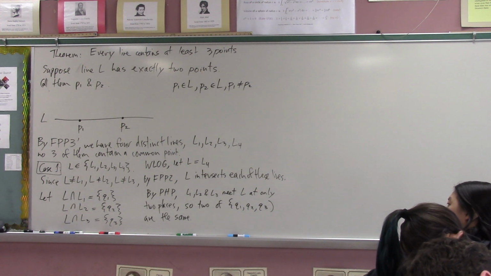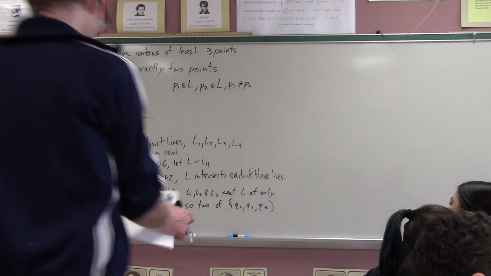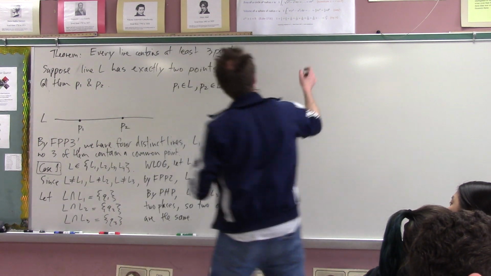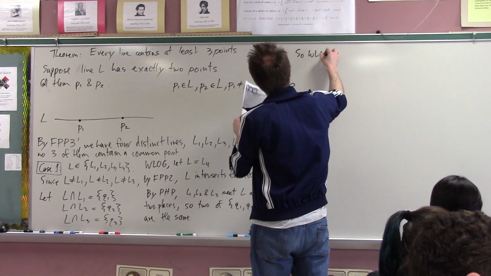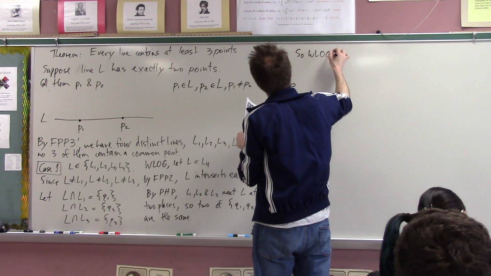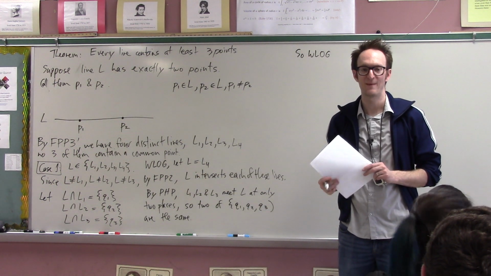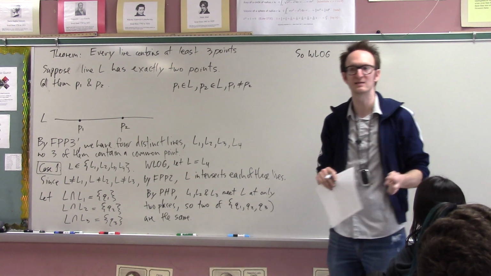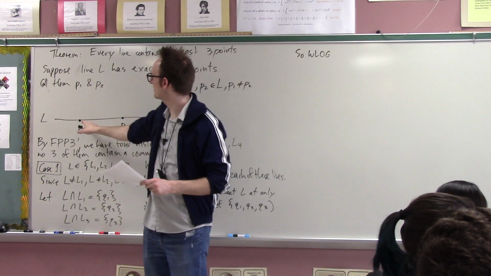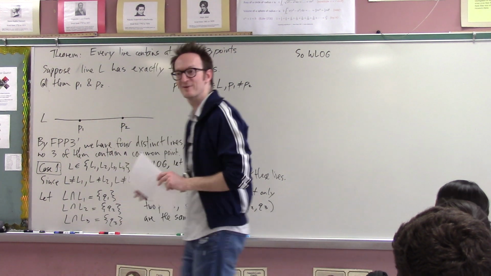Remember, there must be 2 lines, 2 of those lines L1, L2, and L3, that must meet L at the same P1 or P2. Okay, so without loss of generality, what's kind of crazy here is I'm handling all the cases simultaneously, the cases in which 3 of them go through P1, or whatever.